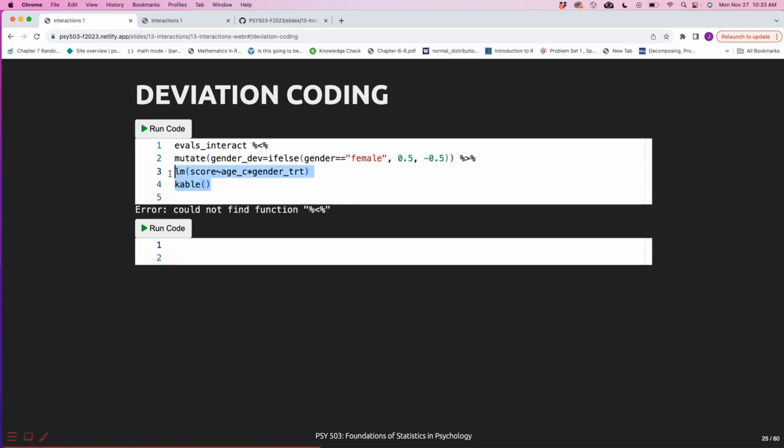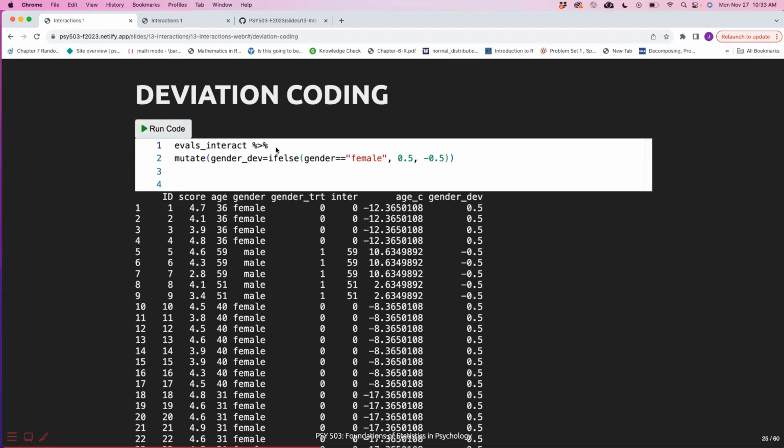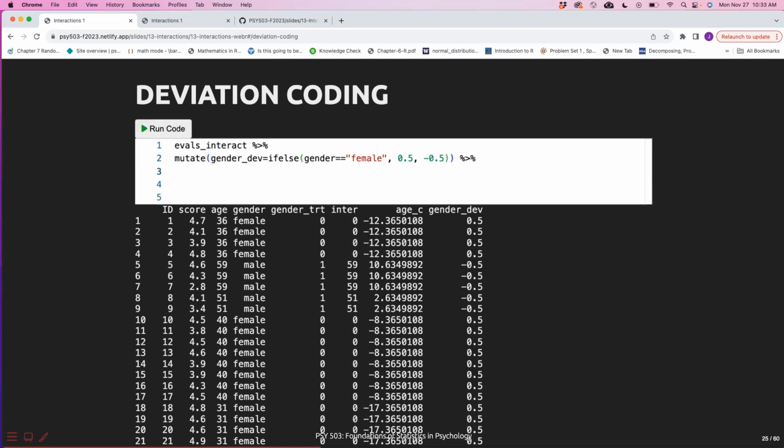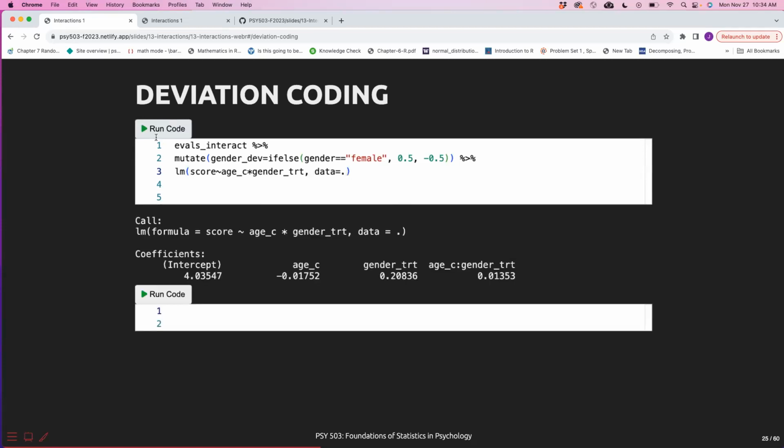Let's see if this will run. Success, thank you. I was like, what the? Okay. It will not let me run it through there. There we go.